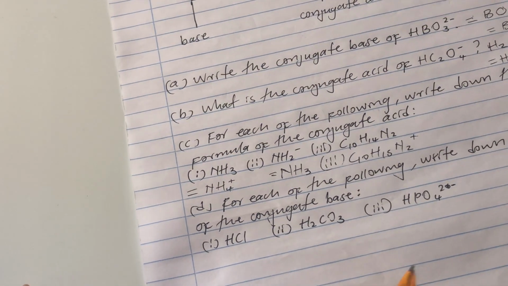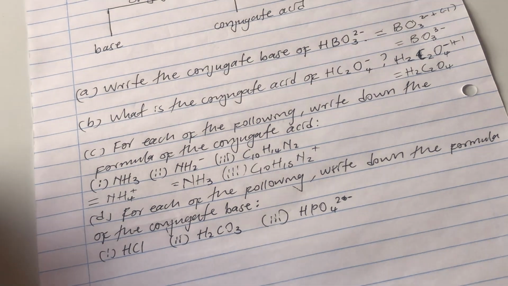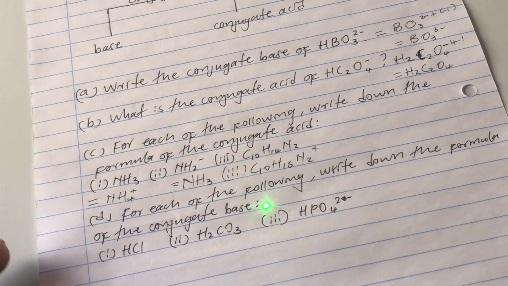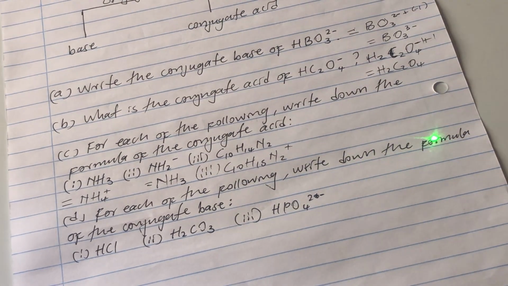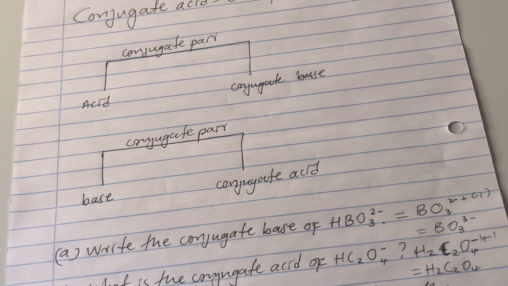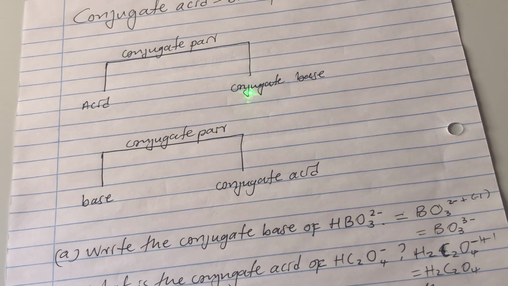Let's move to the last question, which says, for each of the following, write down the formula of the conjugate base. We are required to write the formula of a conjugate base, which means that we are given an acid.